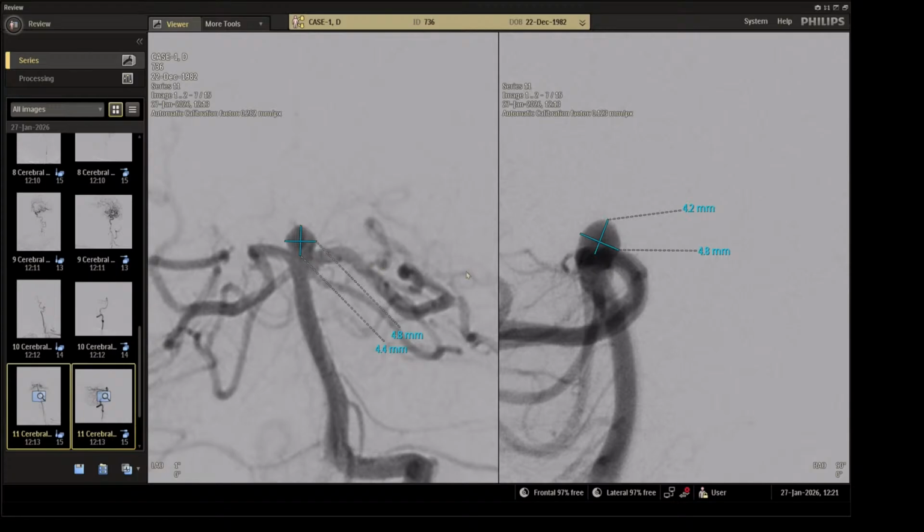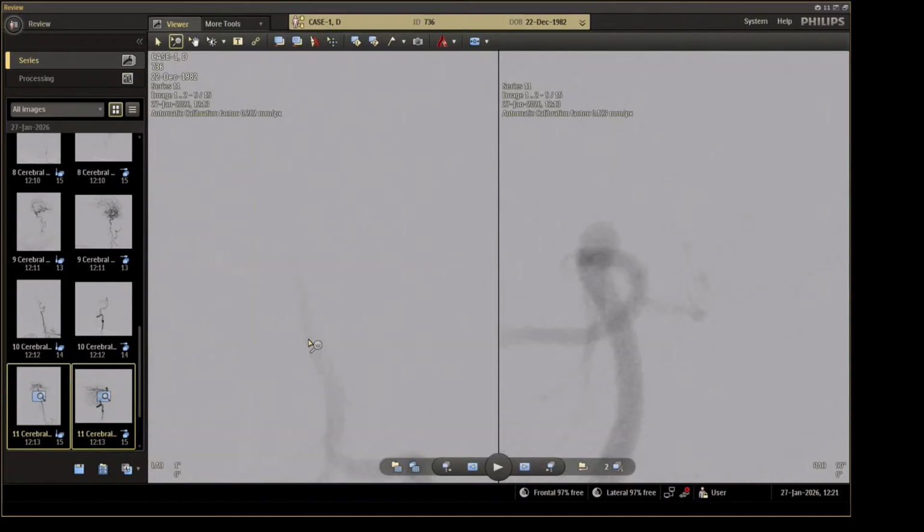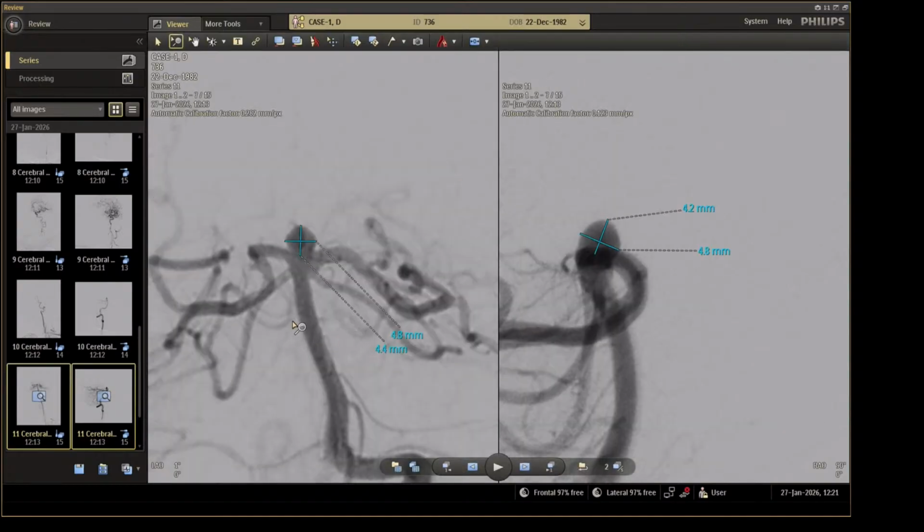This is the unruptured basilar bifurcation aneurysm. Because of the rupture from one aneurysm, I think this aneurysm needs treatment.